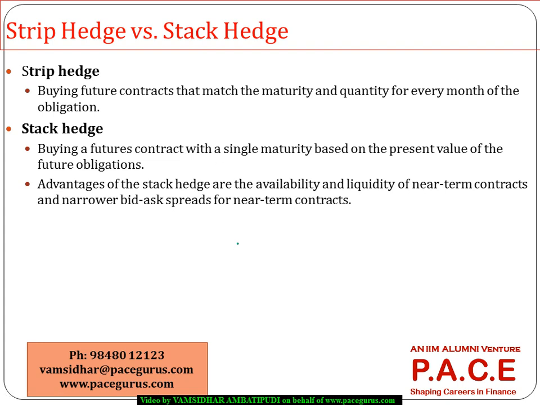Let's say as per the requirement, you need 5 barrels per month. Which means during a year you require 60 barrels of oil, right? So what you typically do is you enter into the futures market today for all 60 barrels, not for 5 barrels.